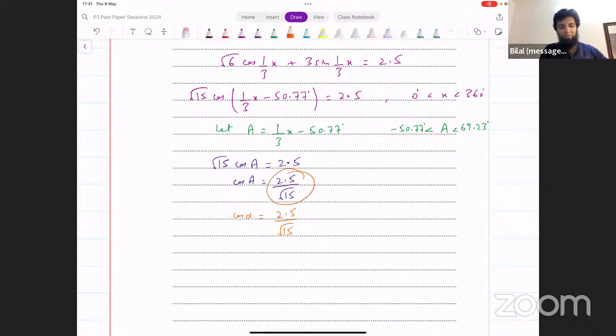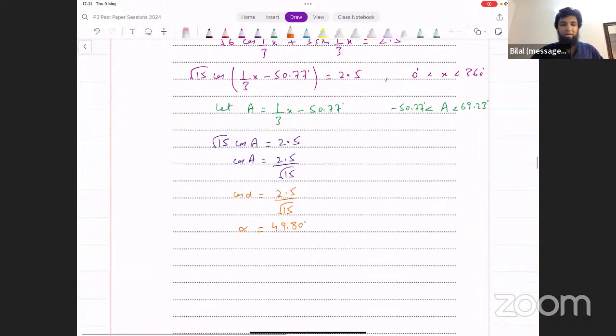Otherwise, you would make it positive first before you find the basic angle. Let's see what this turns out to be. Cos inverse of 2.5 divided by under root of 15. And that is giving me 49.797, or we can say 49.80. That's the basic angle that I'm getting.